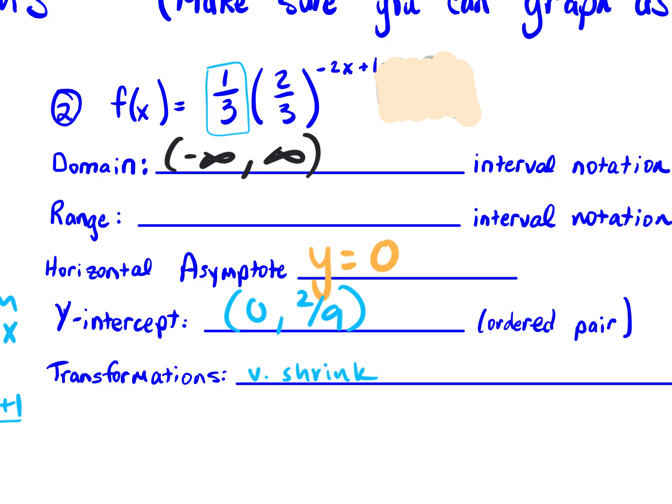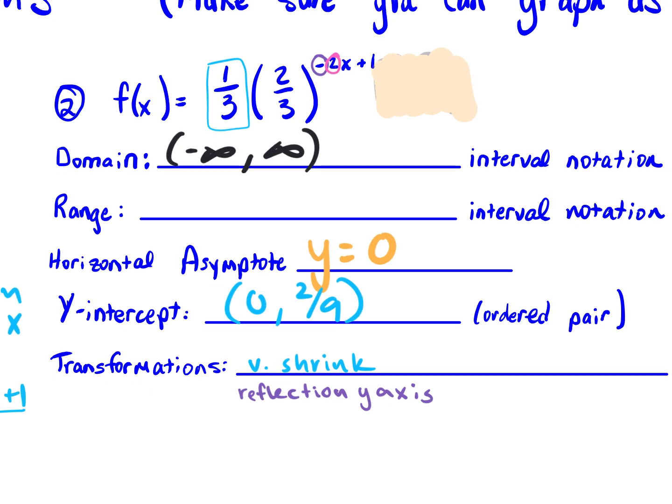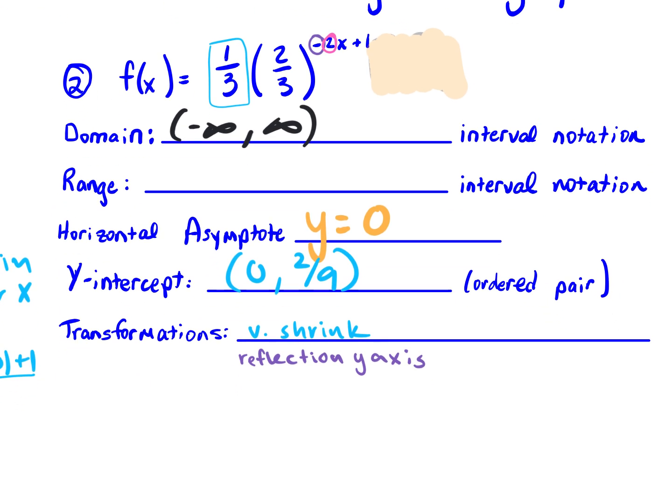Now when we're multiplying by a negative on the inside, now this is inside because it's in our exponent, what does that do to our graph? It's going to be a reflection on the x-axis or y-axis? The y-axis. Y-axis is on the inside. When we multiply by 2 on the inside, it's always the opposite of what we think on the inside.